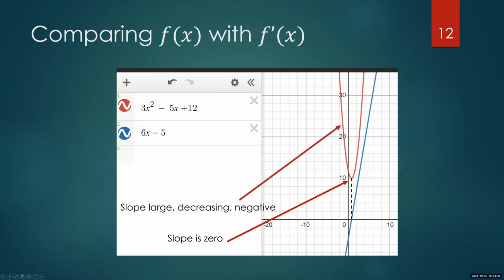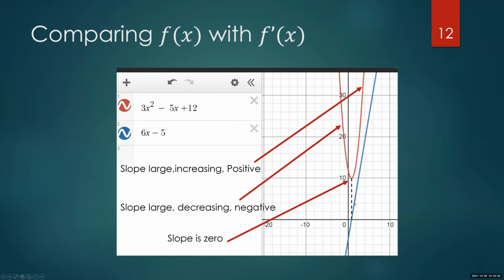Here on the left-hand side of the curve, we can see that it's a large slope, and the slope is decreasing and it's negative. So what I mean by this is, as you move to the left, the magnitude of the slope gets bigger. The slope gets more and more negative, and it's quite steep. And similarly, if you look to the right-hand side, you can see the slope is large, the slope is increasing, and the slope is positive.